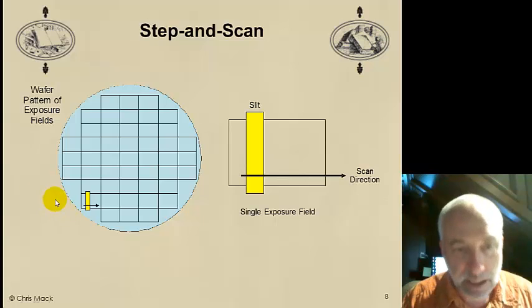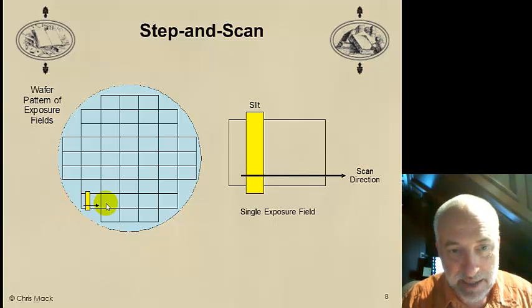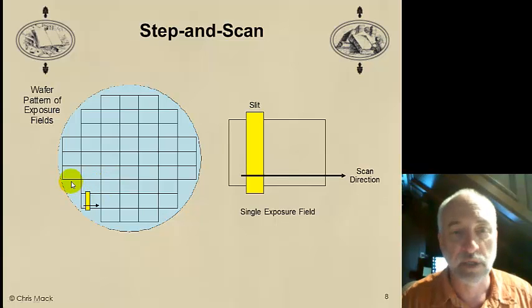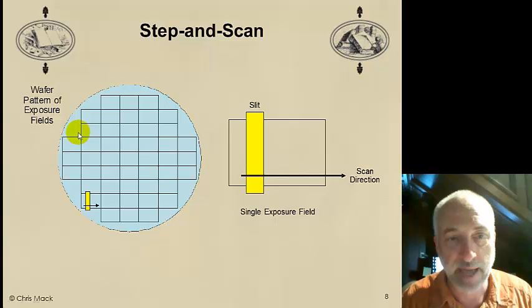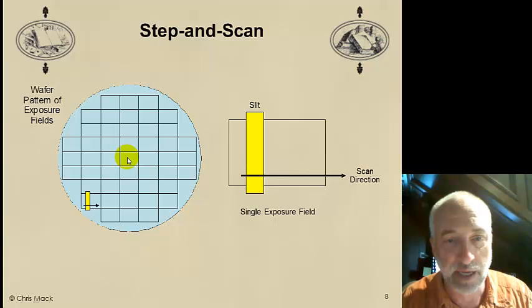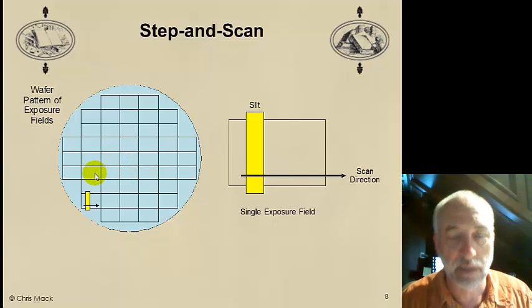Then when I'm done scanning this slit, I step the wafer and then scan that slit past a new spot on the wafer. Then I step and scan, and kind of a serpentine pattern back and forth until I cover an entire column, and then I'll come up and do the same thing on the next column, back and forth, back and forth. I step, then I scan, then I step, then I scan.